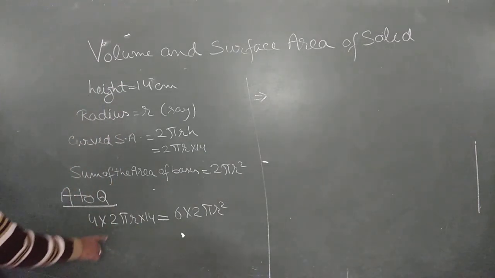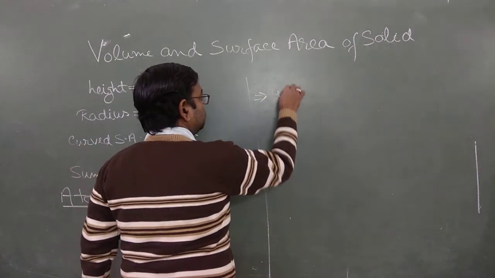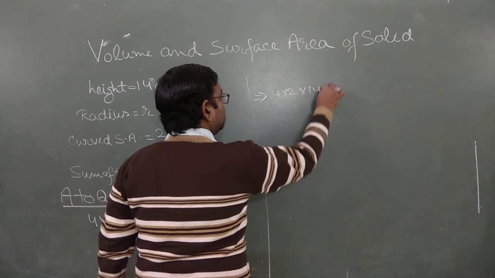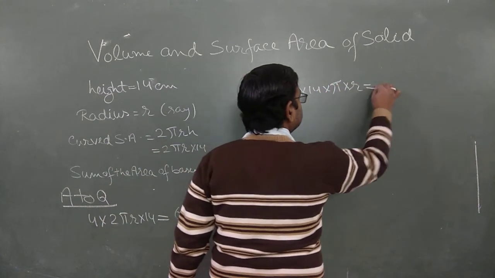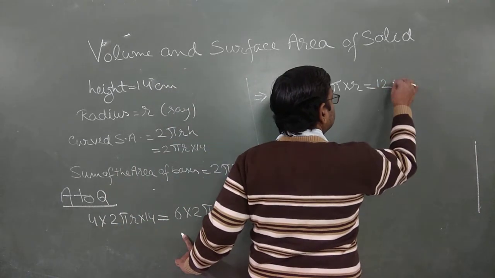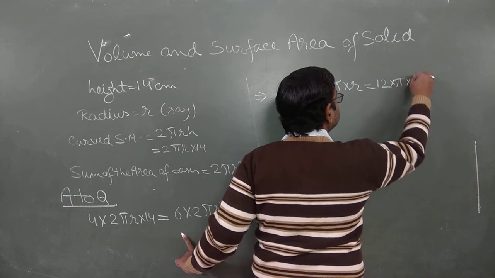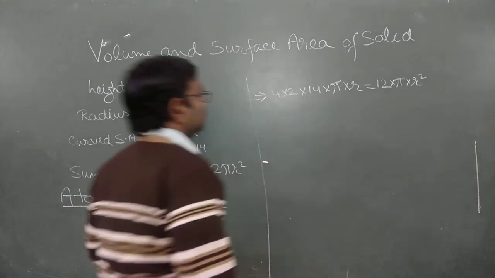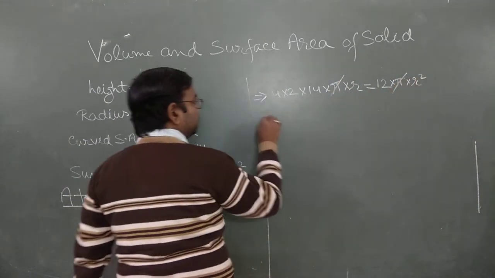Okay, you can easily multiply 4 into 2 into 14 into the value of pi into r on this side, and on that side we have 12 pi r square. Now we can easily remove pi from both sides because both are in multiply form.